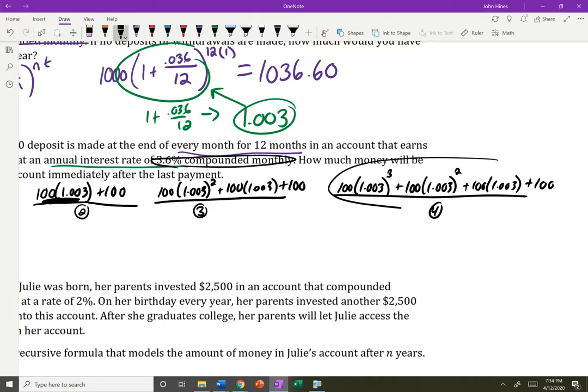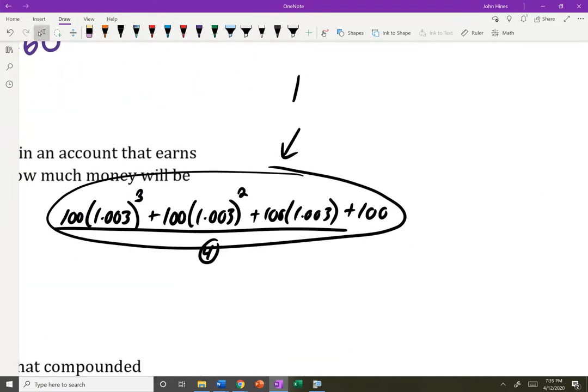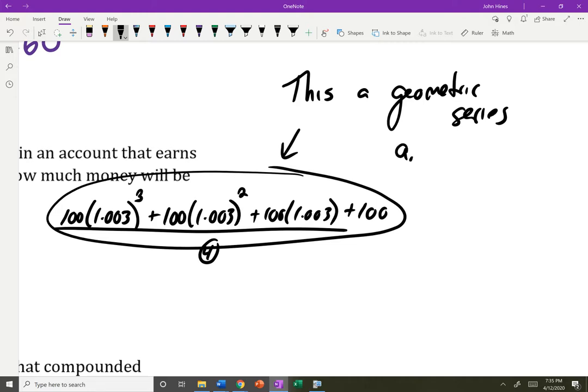Look what's happening here. The amount of money sitting in my account each month is a geometric series. Let me write that here. This is a geometric series, where A1 is what I add each month.